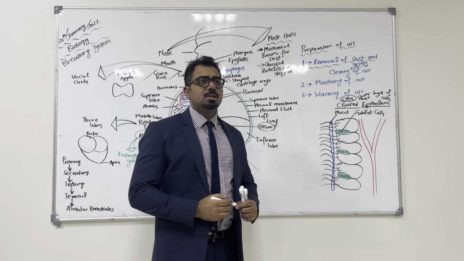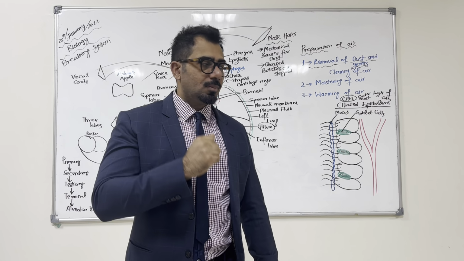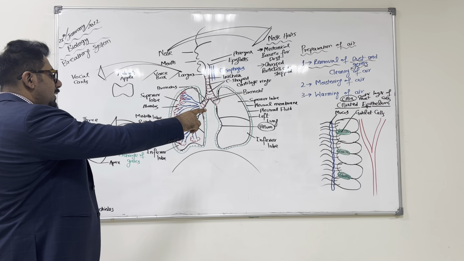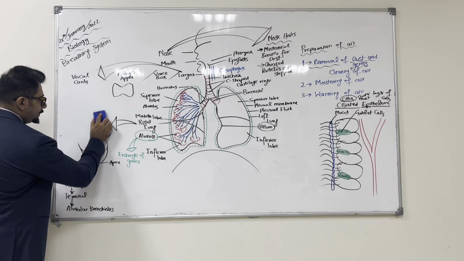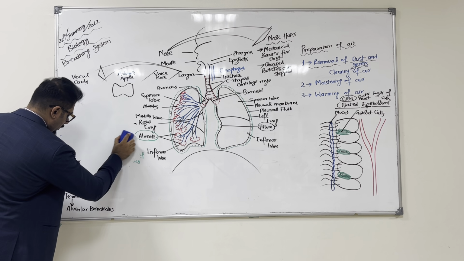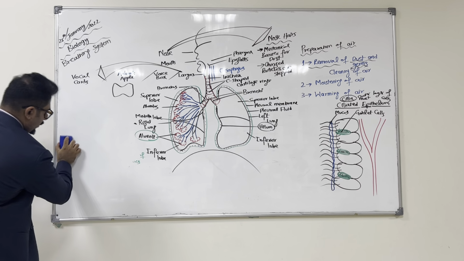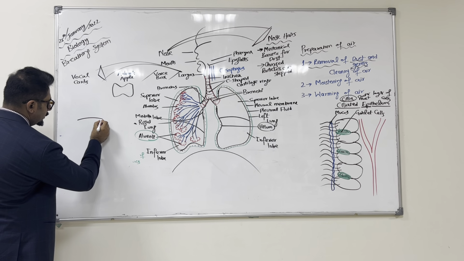Now you know that mucus is a sticky substance, a sticky liquid, and it is produced by the goblet cells. Now, if I draw a goblet cell, a goblet cell looks like this.